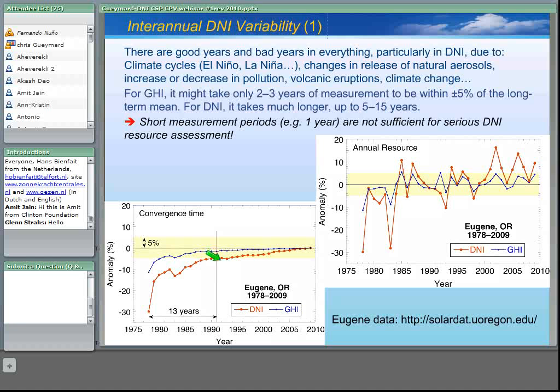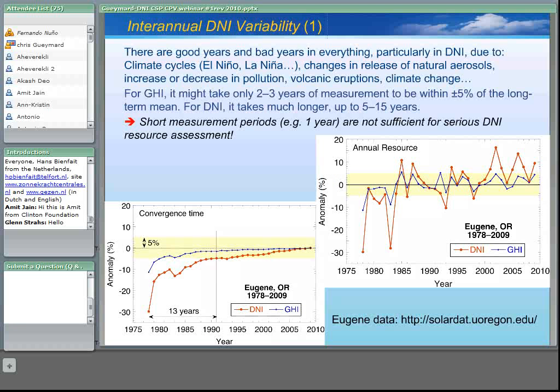But can you wait 13 years before knowing your long-term solar resource? It's obviously certainly not interesting for most CSP and CPV projects. Here we have another plot with the yearly differences from the long-term average in both DNI and GHI.